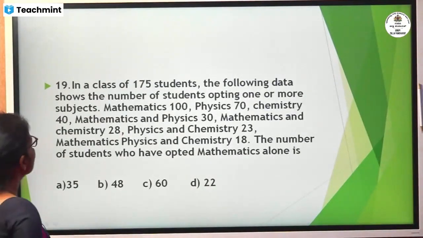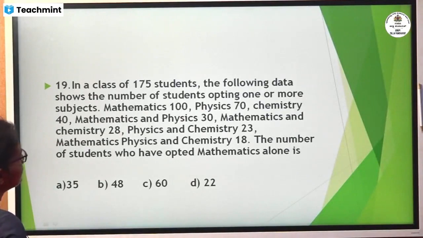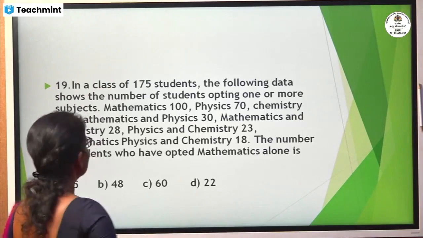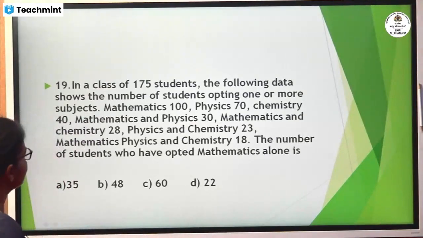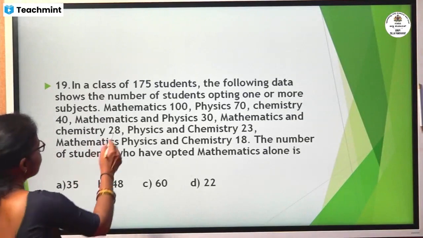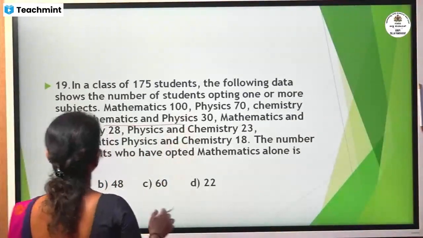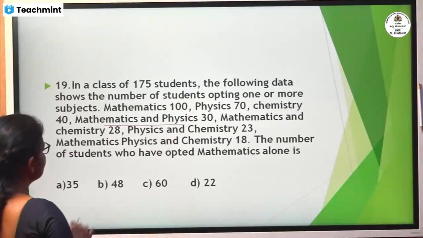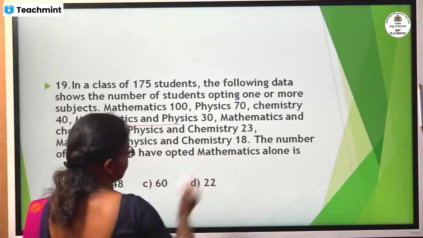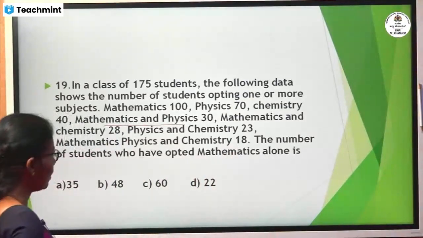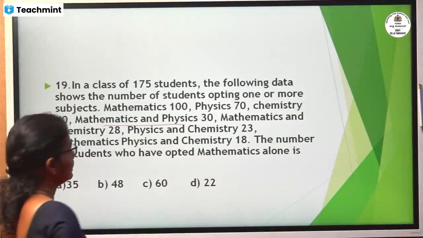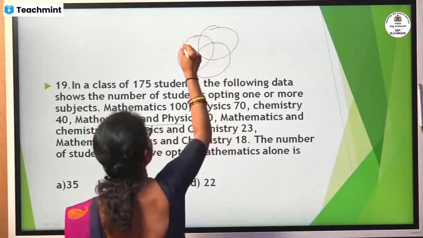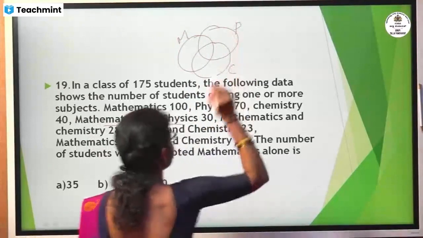Next question. In a class of 175 students, the following data shows the number of students opting for one or more subjects. Mathematics 100, physics 70, chemistry 40, mathematics and physics 30, mathematics and chemistry 28, physics and chemistry 23, mathematics, physics and chemistry 18. The number of students who have opted for mathematics alone. So we have to consider a Venn diagram with three sets: mathematics, physics and chemistry.